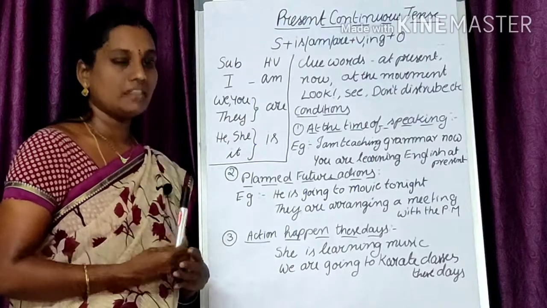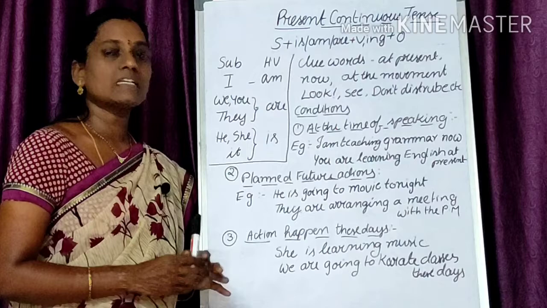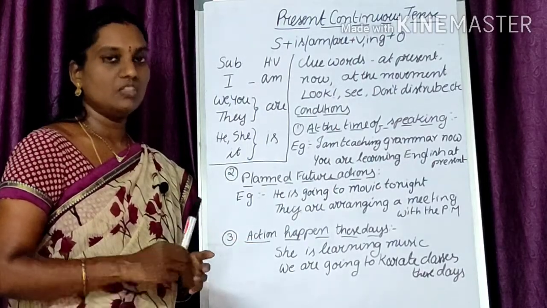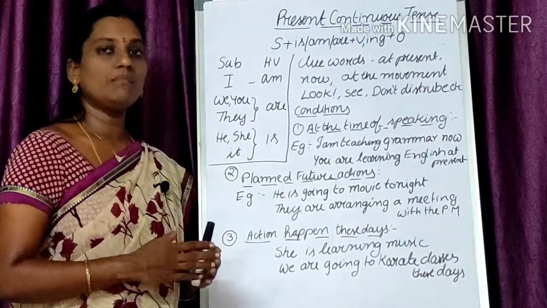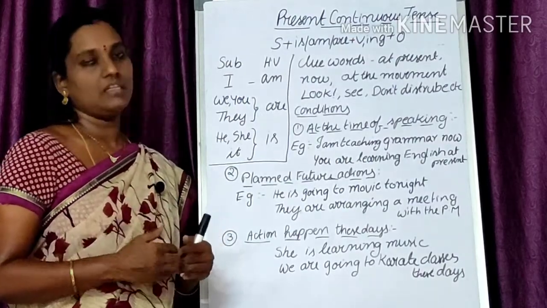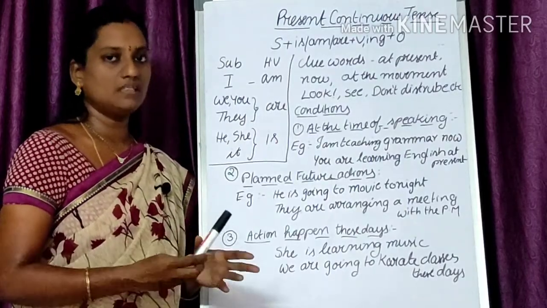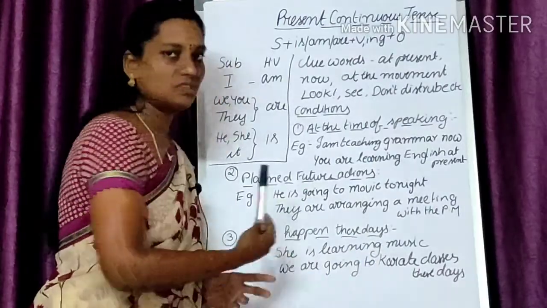There is also another condition where we will use present continuous tense. That is actions that are going on continuously these days. So what are the actions that are going on continuously these days? They need not be going on at the present, the time of speaking, but the actions which are going on these days. See the example. She is learning music.